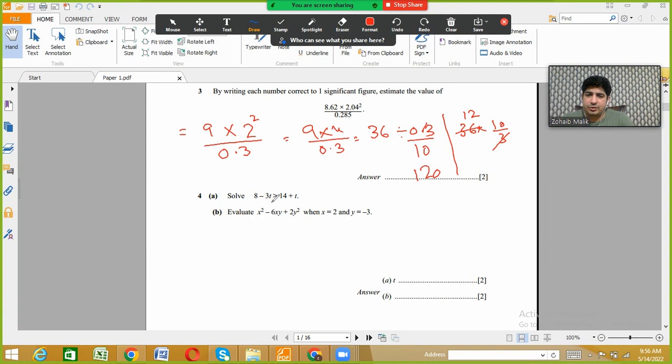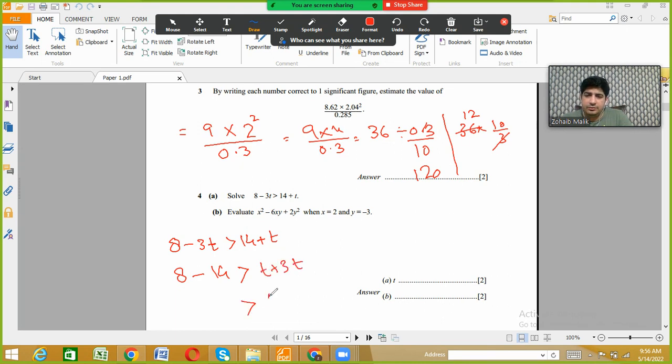Now question number 4, A part: 8 minus 3t greater than 14 plus t. So let's combine the values with the variables, like 8 minus 14 is greater than t plus 3t.